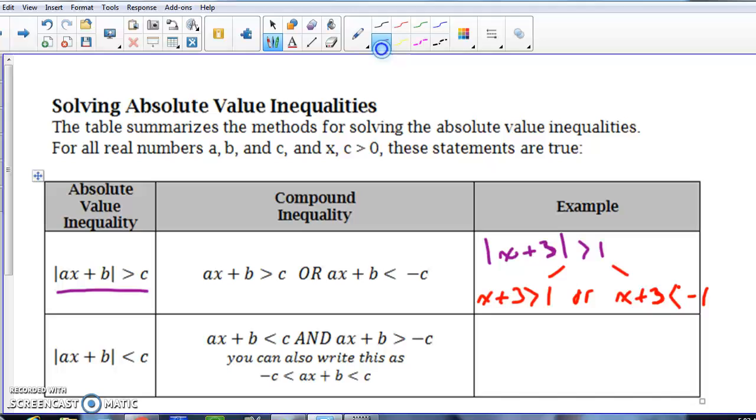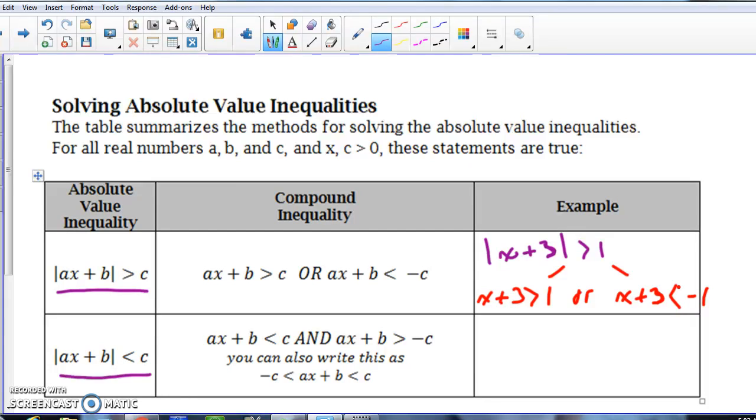In contrast, when I have a less than to start with, this breaks into an AND inequality. So same idea: the sign has to flip when I talk about the negative option, or the option to the left, but this becomes an AND inequality.